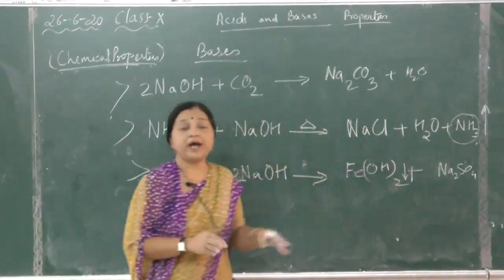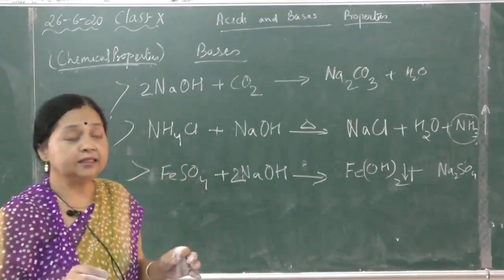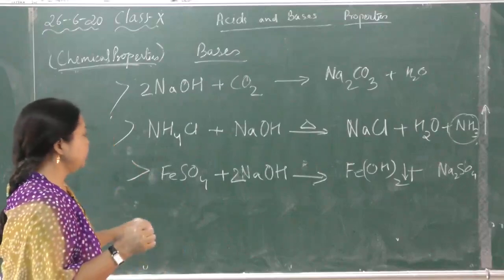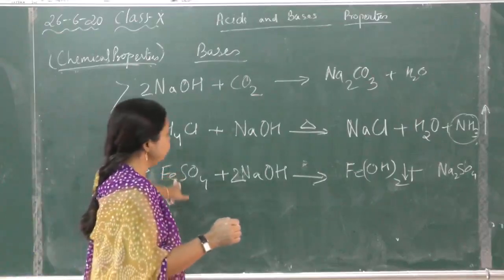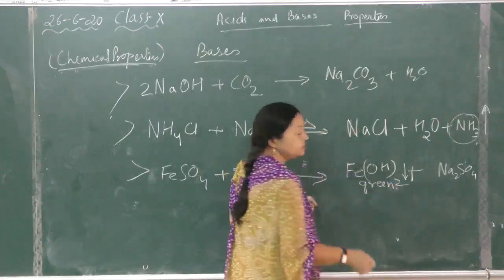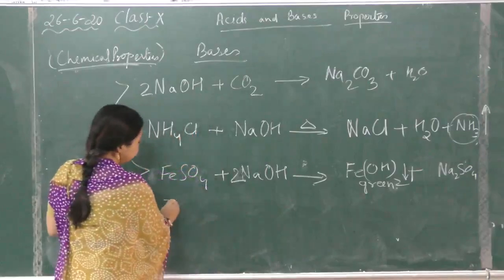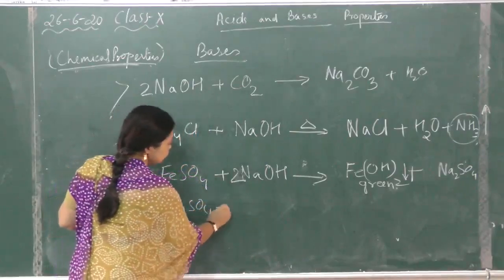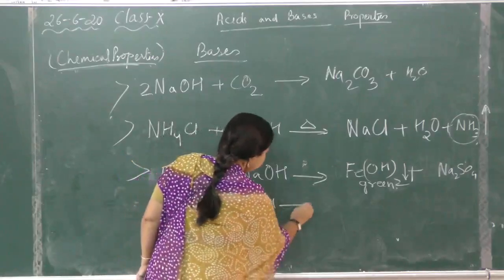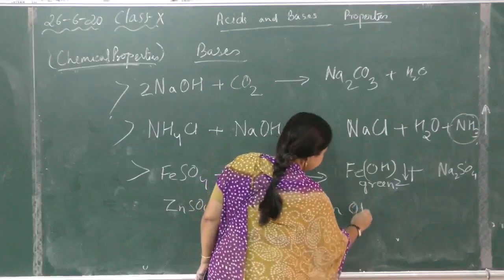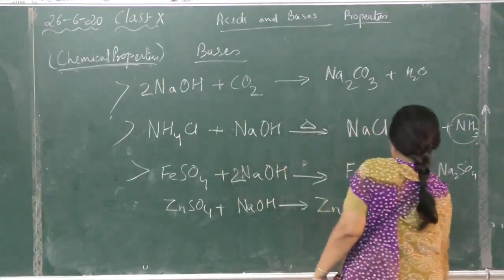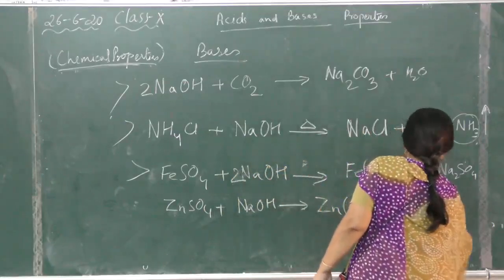This has a wide application in analytical chemistry, in finding out the cation present in the solution. So Fe2+ ions will give a green precipitate, insoluble in excess. If you take zinc, you get Zn(OH)2, a white gelatinous precipitate, plus Na2SO4.